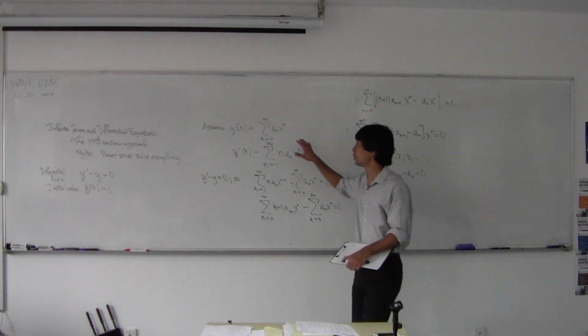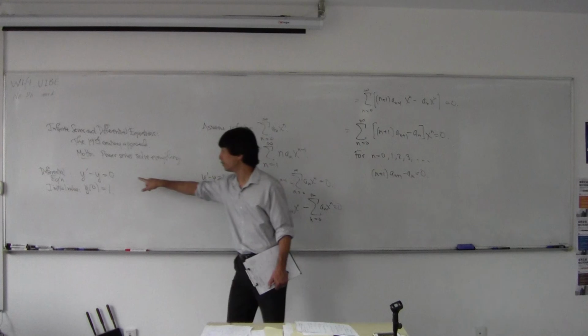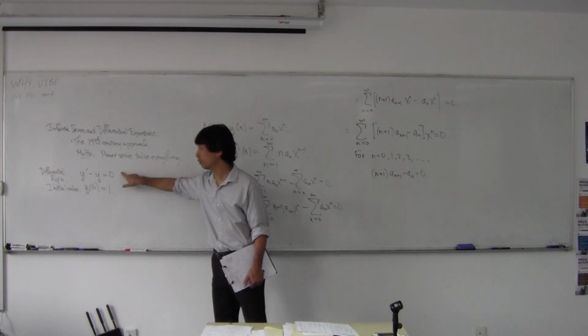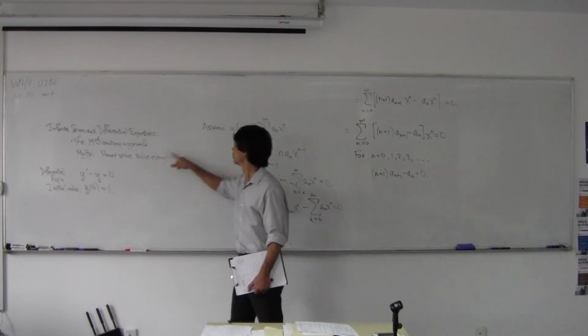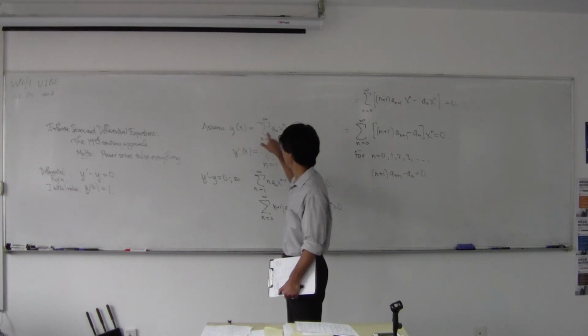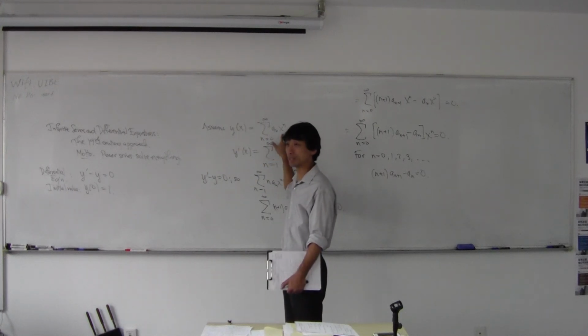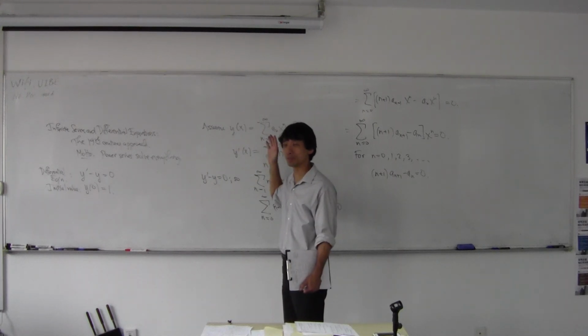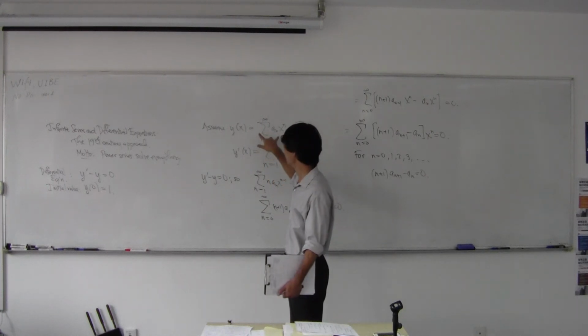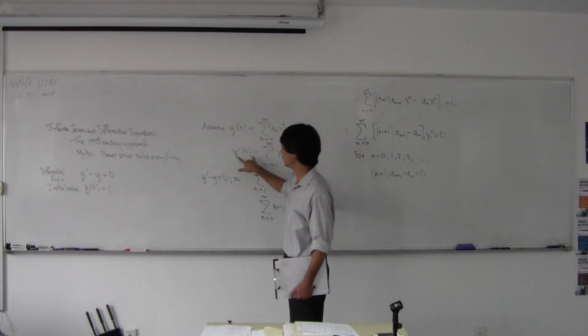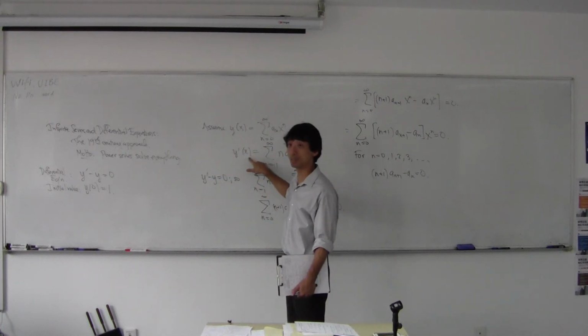So the story is, we're trying to solve this problem. We're looking for a y that solves this. We assume y is a power series because that's our strategy at this point. We want y prime minus y to be 0, so we figure out what y prime is.